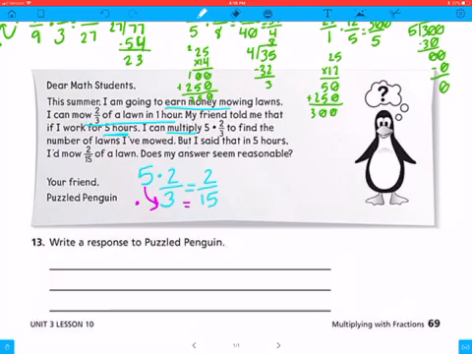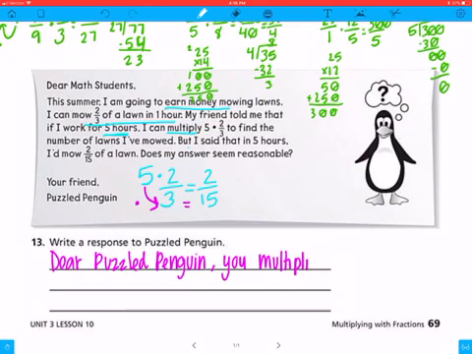work through this. Now, how did he get 15? Well, it seems like he, the Puzzled Penguin, didn't really look at the setup of this. So I'm going to write back to Puzzled Penguin, but I do want to revisit this equation that I wrote up here. So, dear Puzzled Penguin, you definitely didn't get the right answer, right?